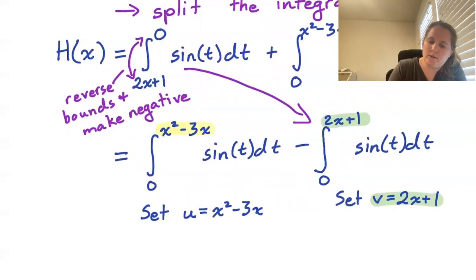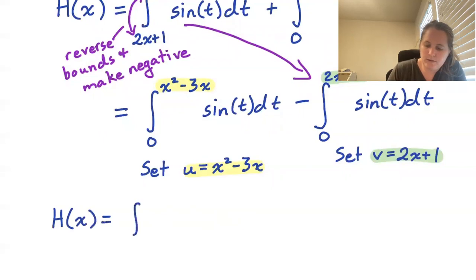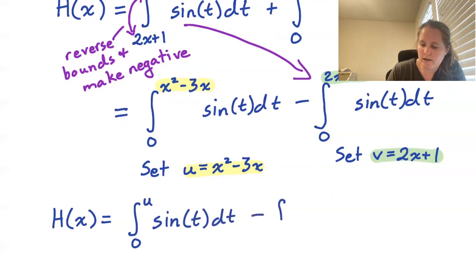So those are just coming from our new bounds. So we are looking at h of x is equal to the definite integral from 0 to u of sine of t dt, and subtracting off the definite integral from 0 to v of sine of t dt.